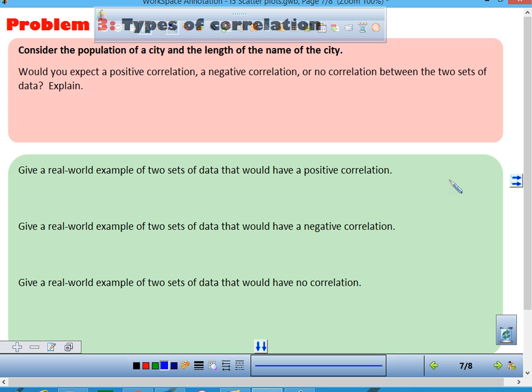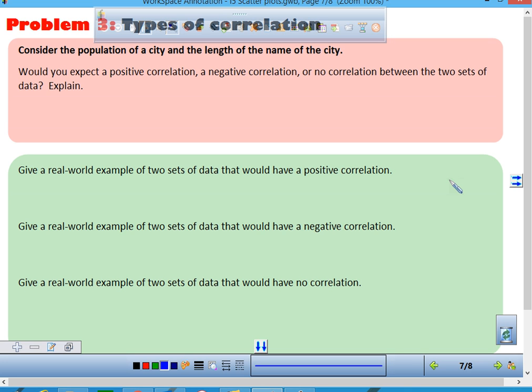Talk with someone next to you about what you think and why. Okay, 3, 2, 1. Positive, negative, no.